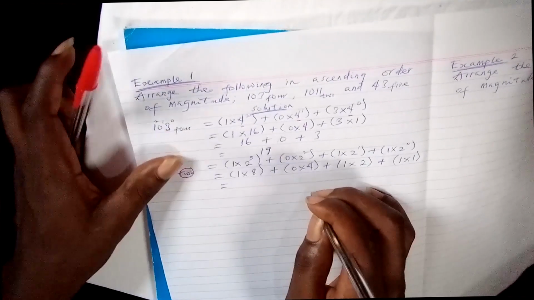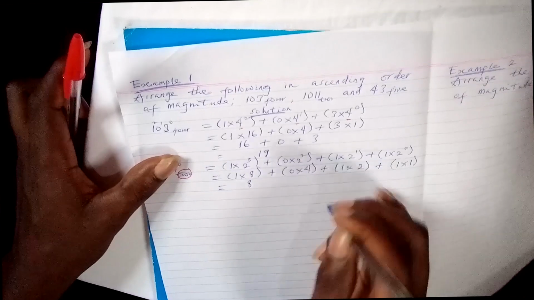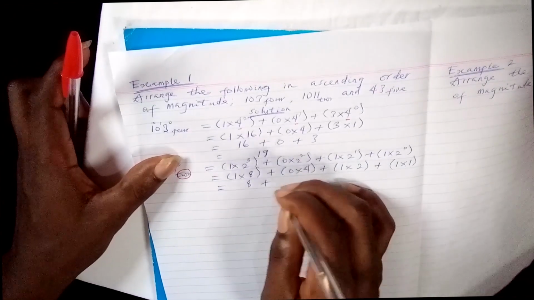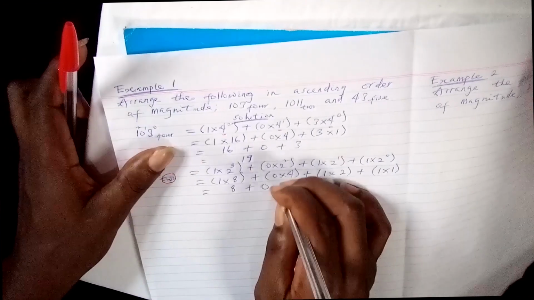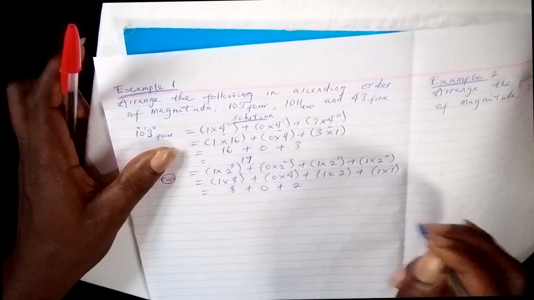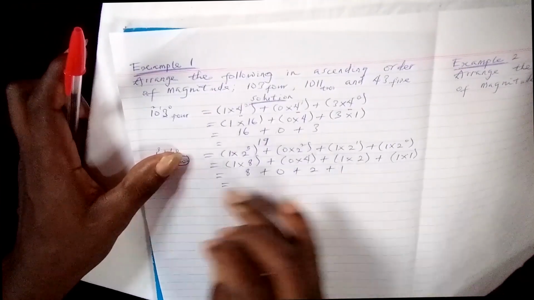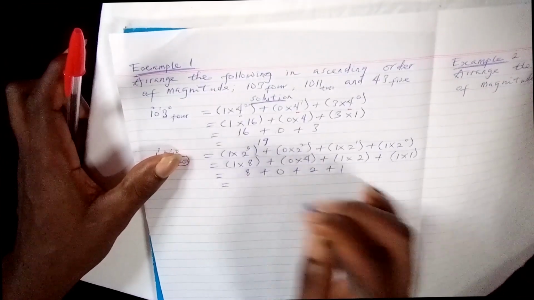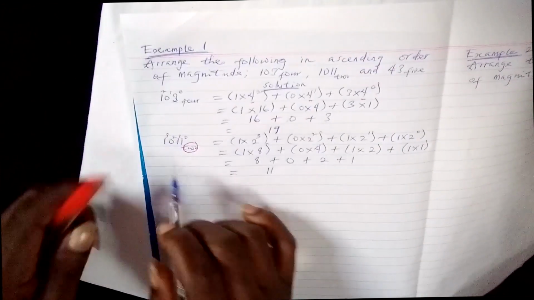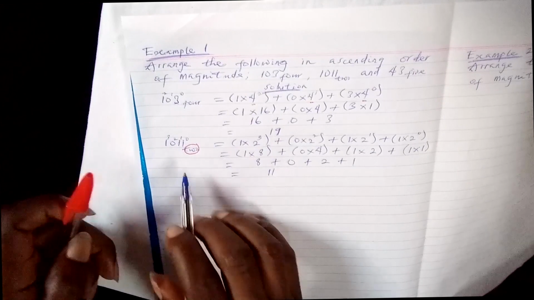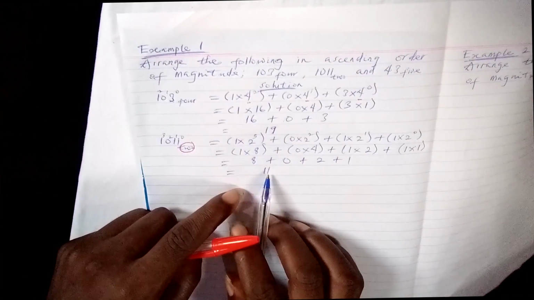We continue to simplify. 1 times 8 will give us the same 8 plus any number times 0 will give us 0 plus 2 plus 1. So together, if we find the sum of these numbers, we will get 11. It implies that for us to change 1011 in base 2 to base 10, we got 11.